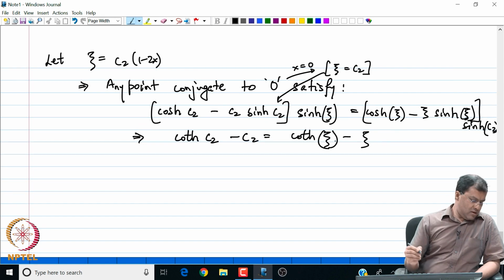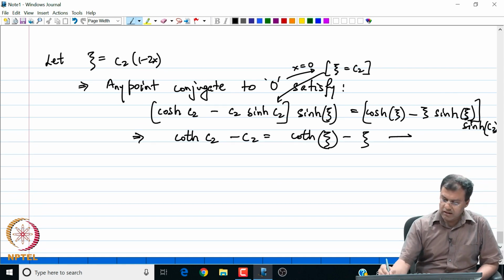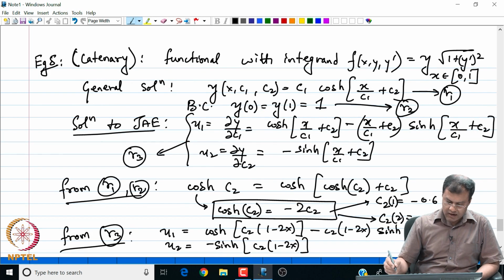Okay, so then let me call this my condition R5, because we already have R, well, we already have, where is my R4? Well, I also need the condition R4. The R4 is the relation between C1 and C2, right.